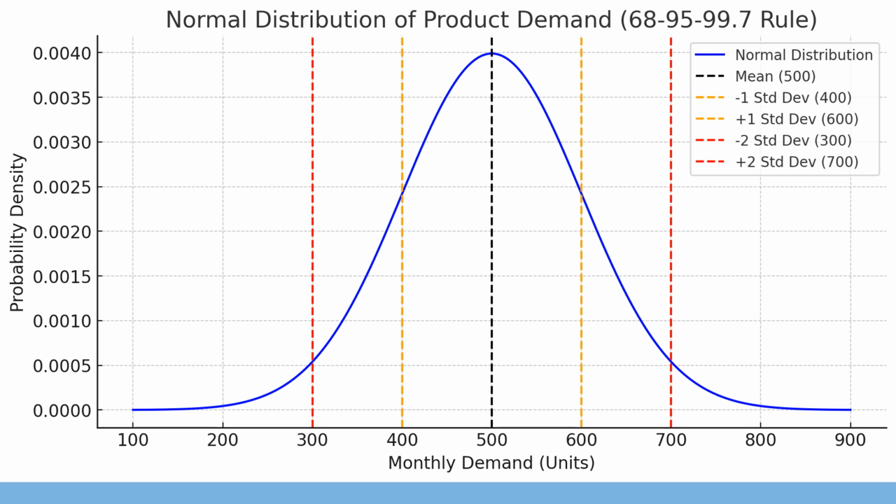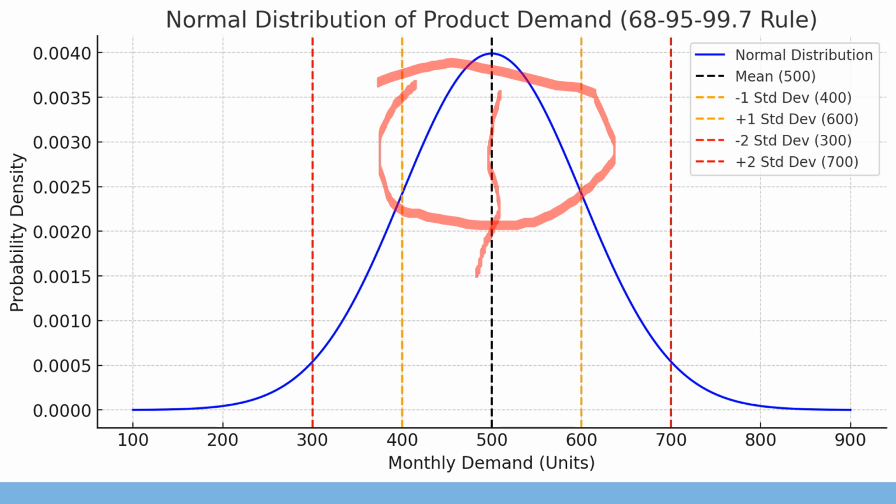So here is the graph representation of the normal distribution of product demand based on the 68-95-99.7 rule. The curve below represents the normal distribution of demand. The black dashed line, this one, marks the mean of 500 units.